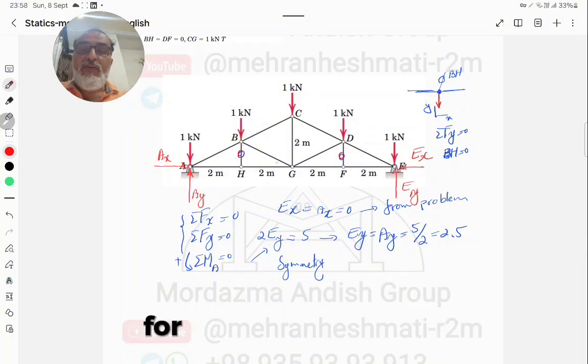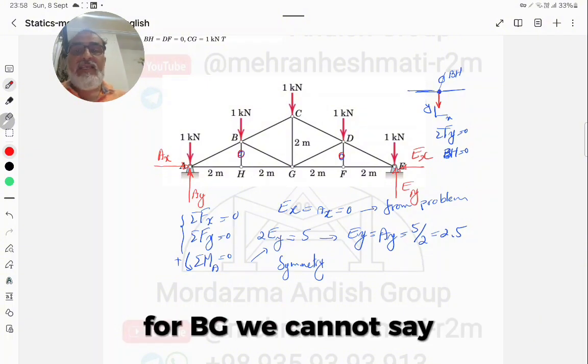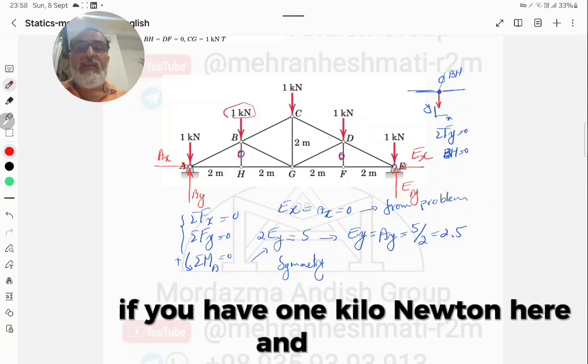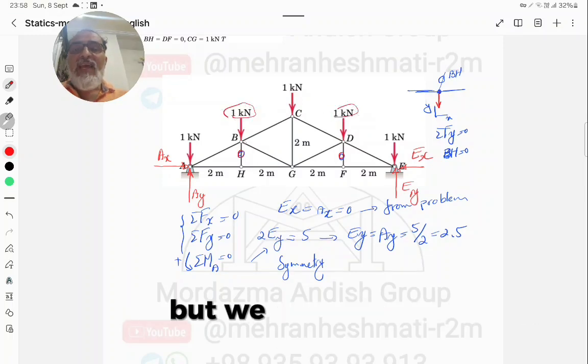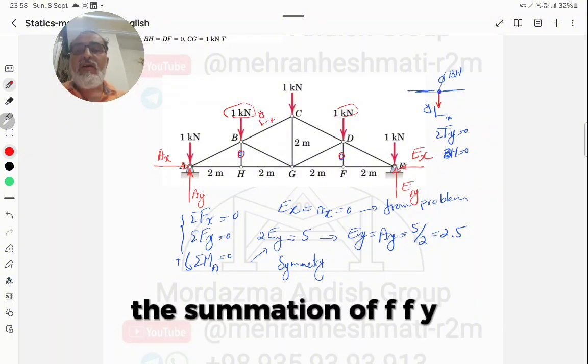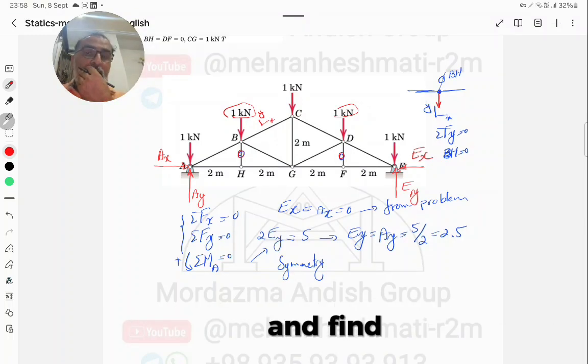But for BG we cannot say, because we have 1 kilonewton here and also here. But we can find BH. Or for example, if we write the summation of F of y for B, we can find BG easily.